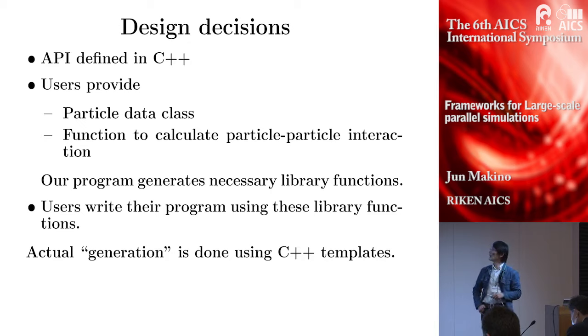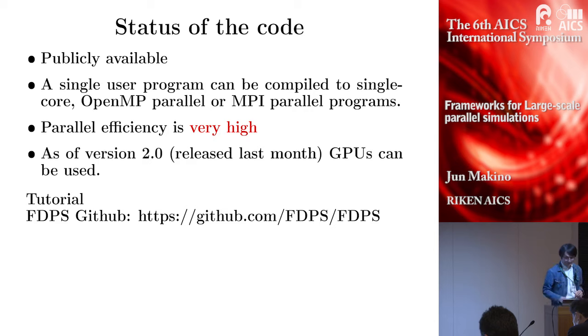From those definitions, and for this one we use the C++ language to make it somewhat easier for us to generate the program, our program actually generates the necessary library functions to do the complicated parallelization. And the users write their program using these library functions without the need to worry about the MPI communication and things like that. And the actual generation is done by C++ template functions.